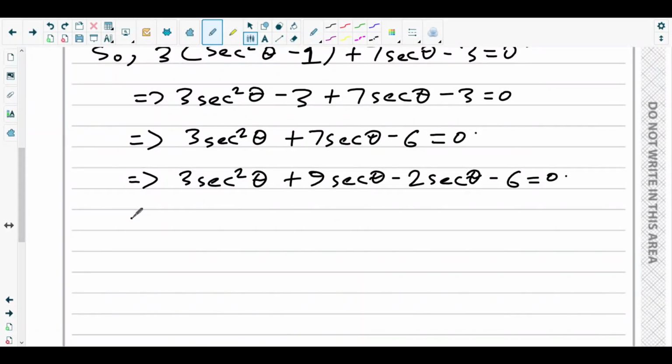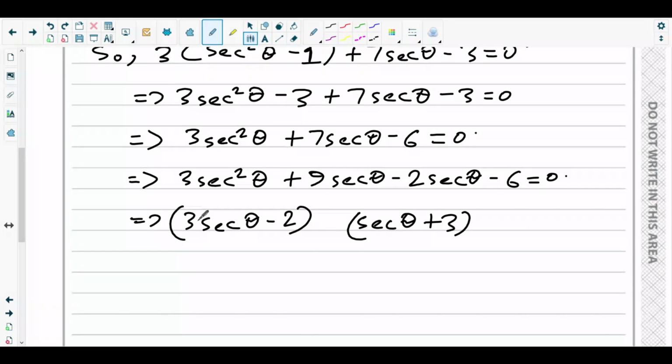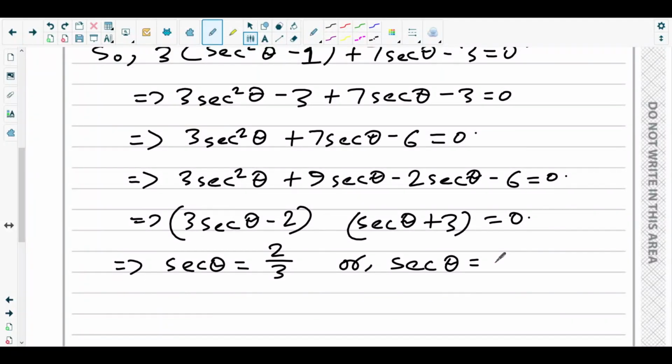Fine. So what can we do now? We can take 3 sec theta common from here, so you will get sec theta plus 3. And from the other part, take minus 2 common. You will have sec theta plus 3 again, equal to 0. Now, either sec theta equals 2/3, or sec theta equals negative 3.